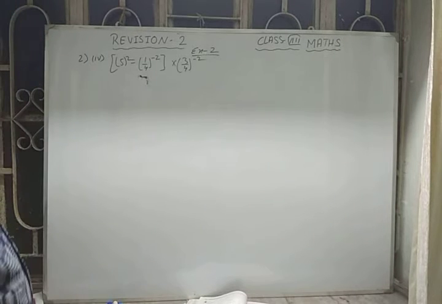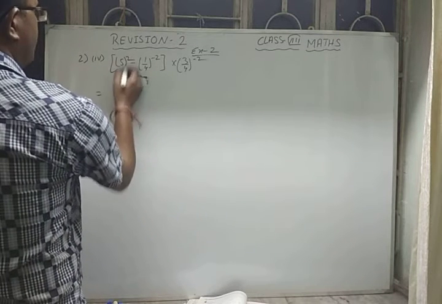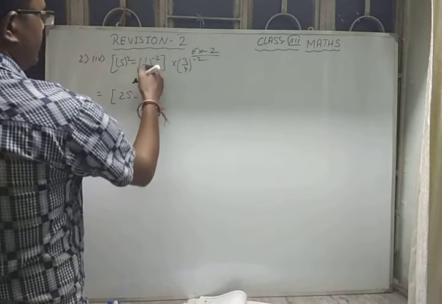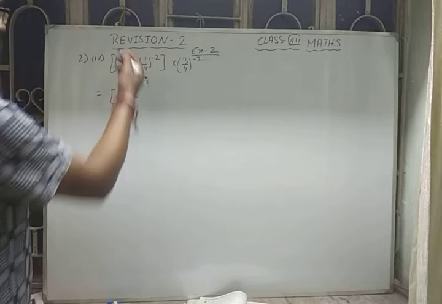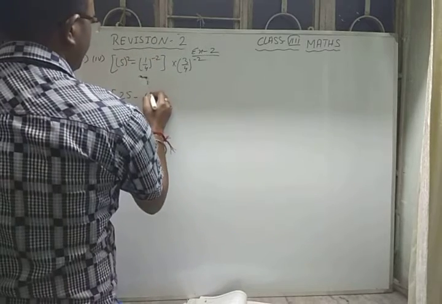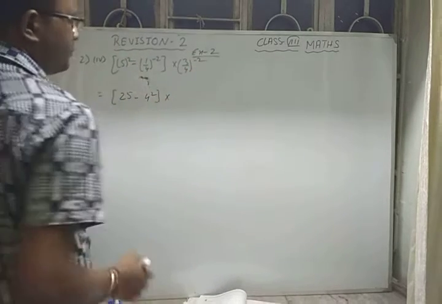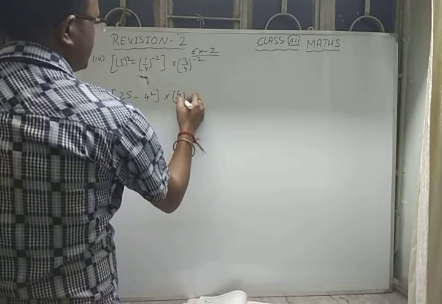How will you simplify? First of all you open the brackets. Here 5 square you can write as 25, and it is 1 by 4 to the power minus 2. It is having the negative power, that means it will become reciprocal, so it will become 4 square. Into, again, 3 by 4 is having the negative power, it will become reciprocal, 4 by 3 whole square.